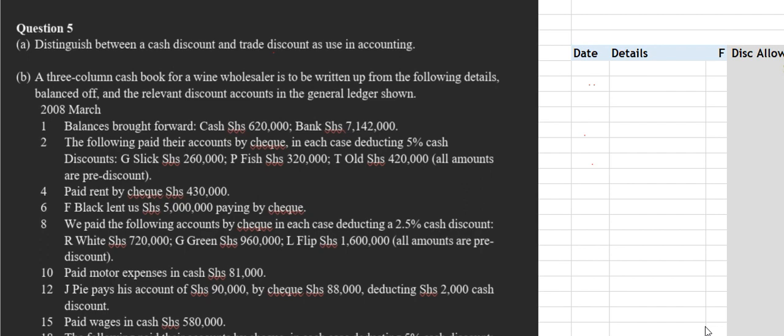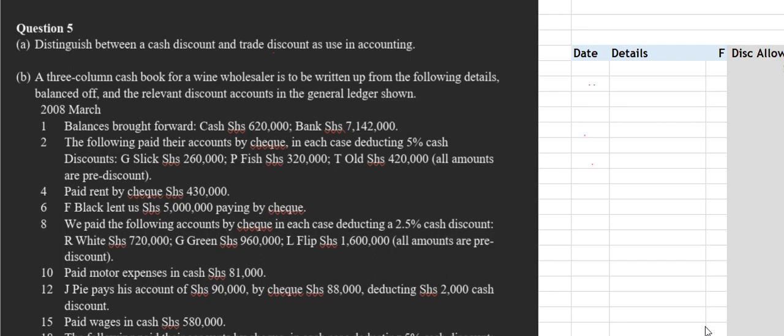But in this case, we are required to write up a 3-column cash book, meaning that in this information we have discounts. Now, whenever we have discounts in the information, then an extra column is added on each side of the cash book, in which the amounts of discounts are to be entered.